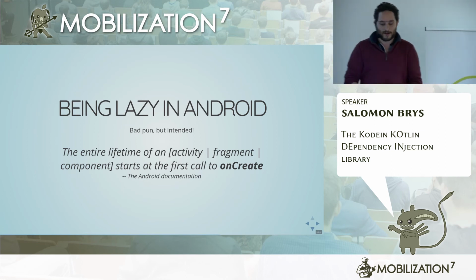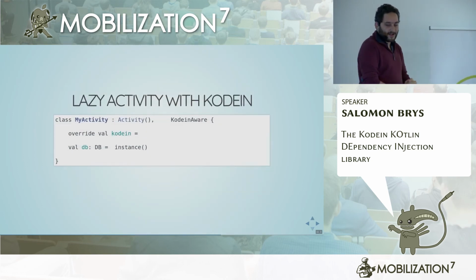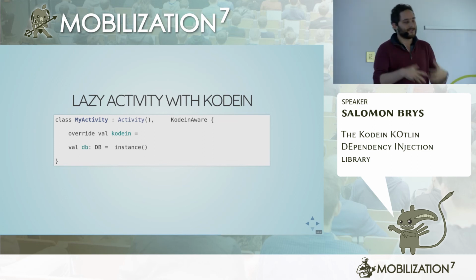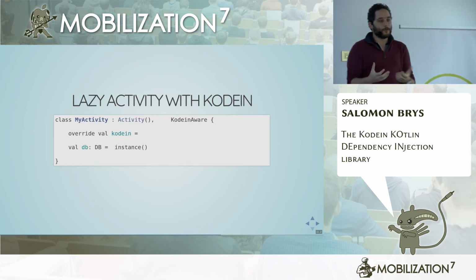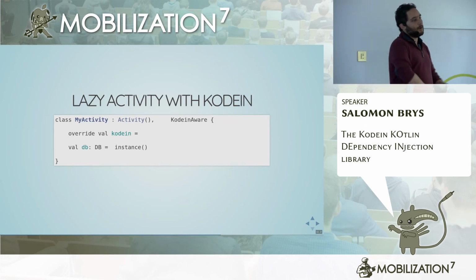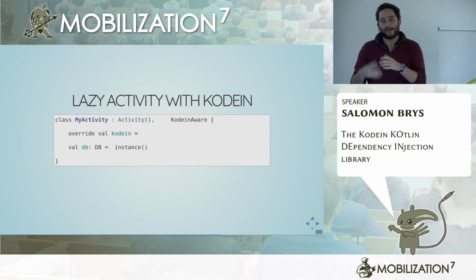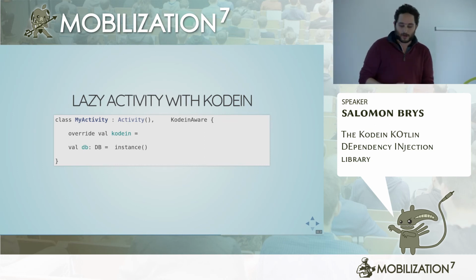You have to wait for onCreate. So let's get lazy. Being lazy means that we are not going to access our properties before we need them. And when we need them, we know that the class has been initialized because it has called onCreate.